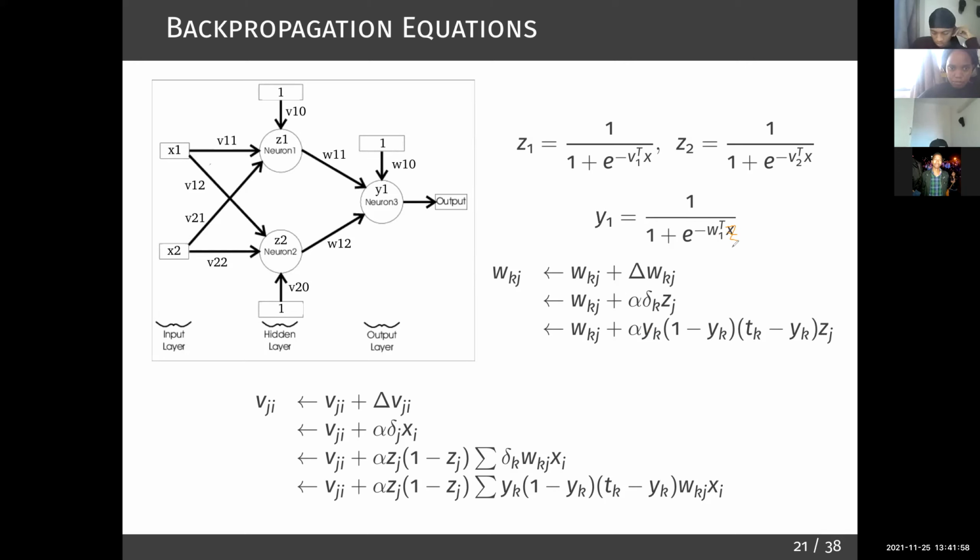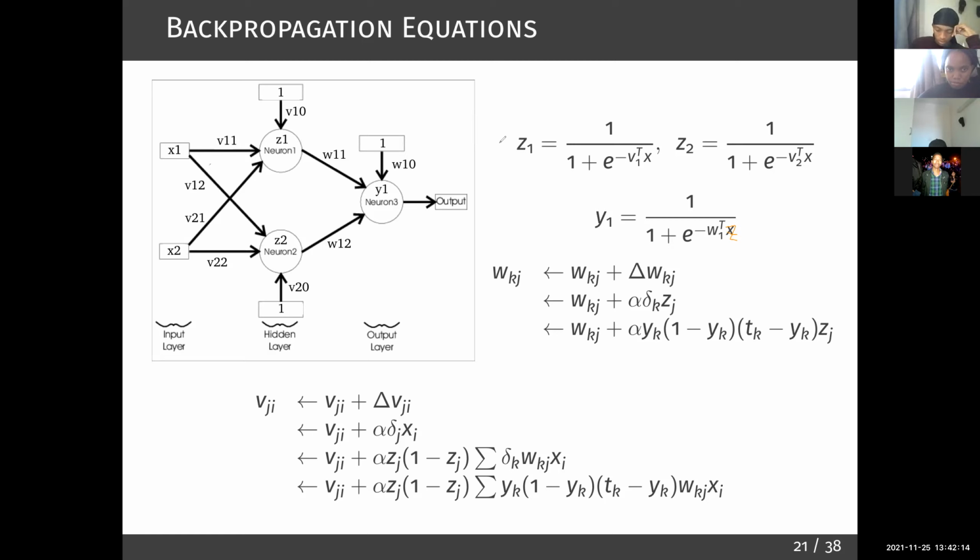So I think this should be Z, because in this case, for example, if we only consider this as the sigmoid function, and these are your weights, and then this is the input. The input is Z in this case, Z0, Z1, and Z2.